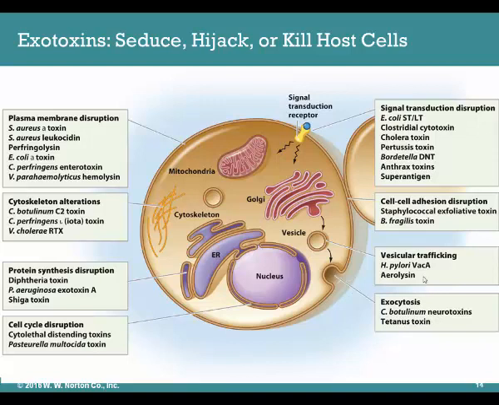And internally, you can have toxins that disrupt the movement of proteins within a cell, and the release of material from inside the cell by exocytosis.